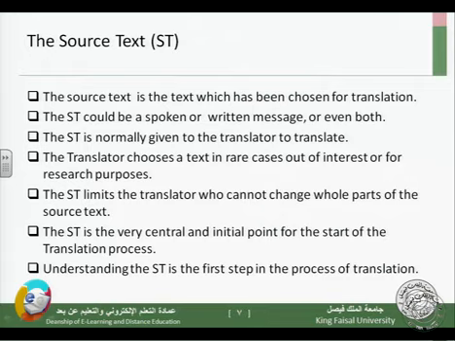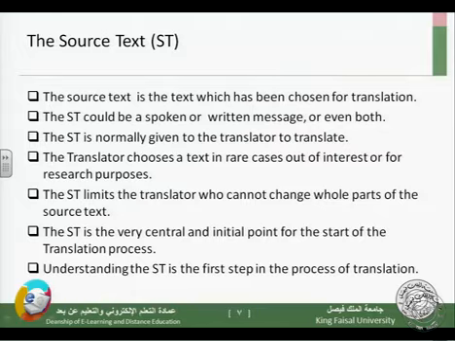Now the source text, you take it from Arabic, what does it do? It limits the translator. In other words, the translator cannot change parts of the text. If you say translate these 5 pages, he cannot translate only 2 or 3 pages, or he cannot delete or omit 1 paragraph or 2.